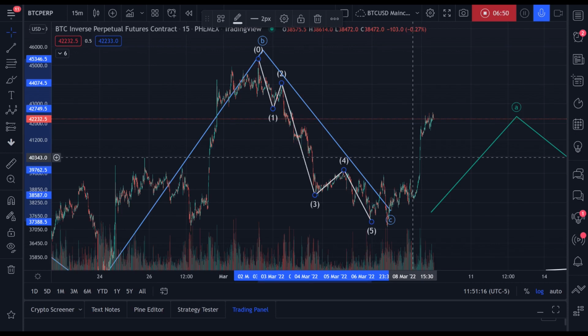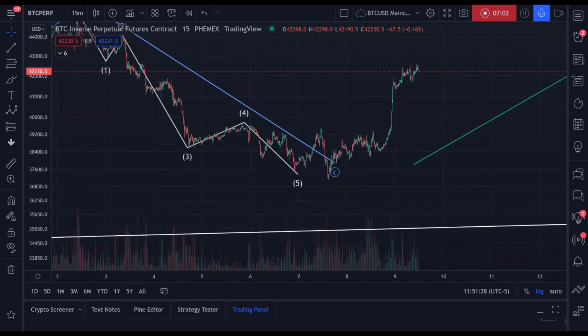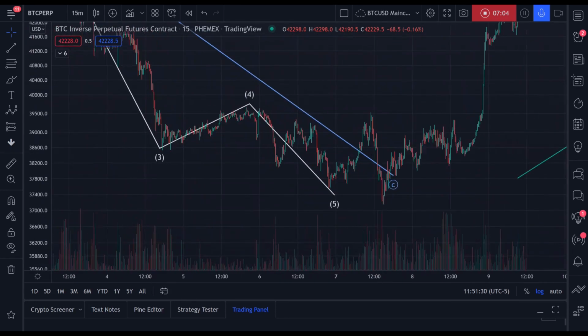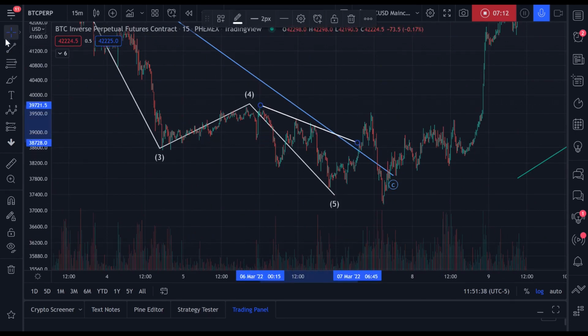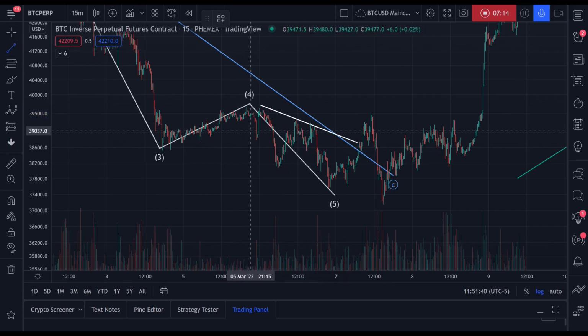It throws a lot of people off, even people who are aware an ending diagonal exists. Much more does it throw off those who have no clue about any Elliott wave theory, okay? It essentially looks like hell, and no one can make sense of it, right? It is supreme volatility, and most people lose money in this range.